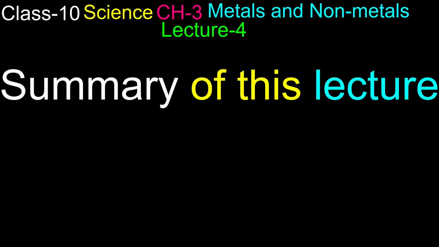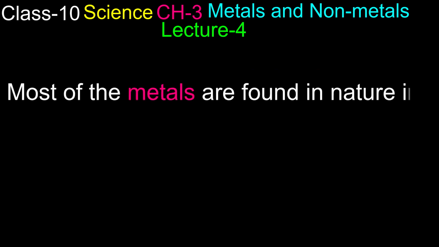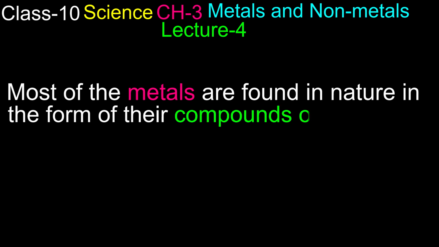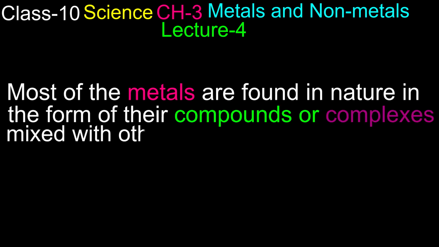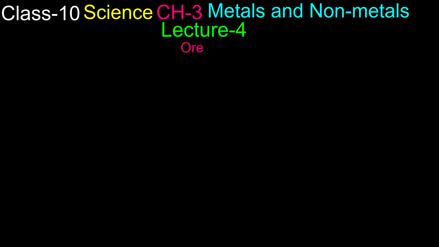In the end, I summarize this lecture. Most of the metals are found in nature in the form of their compounds or complexes mixed with other materials. These other materials are called gangue. An ore is naturally occurring material from which a metal can be economically extracted.